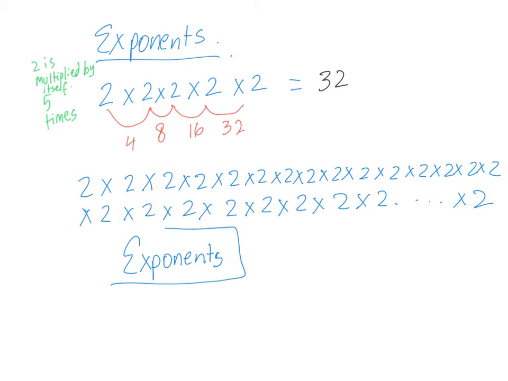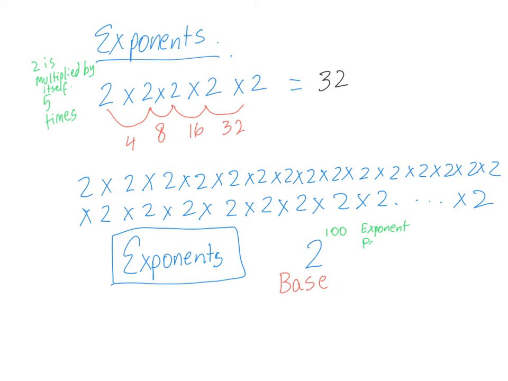Now how do we utilize it? We'll write our number, whatever number we want to multiply. We call this the base. And we'll write the number of times we want this number to multiply by itself up here. So if I wanted 100, this is called our exponent.